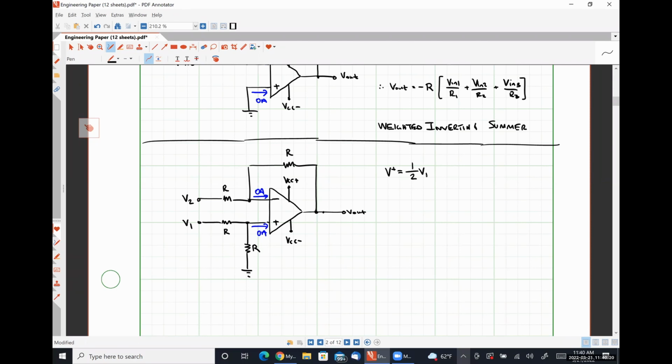So the voltage drop over only one of those resistors, because the voltage at the non-inverting input terminal is a nodal voltage, meaning it's measured at this node with respect to ground, is the same as the voltage drop over this resistor R. So that's why it's exactly 1/2 of V1.